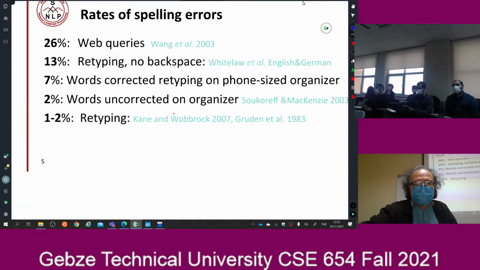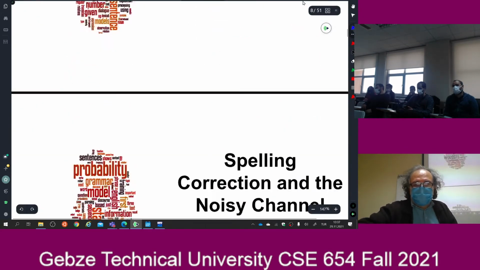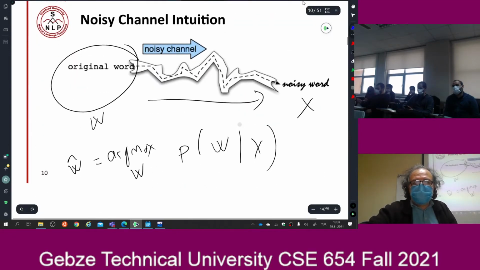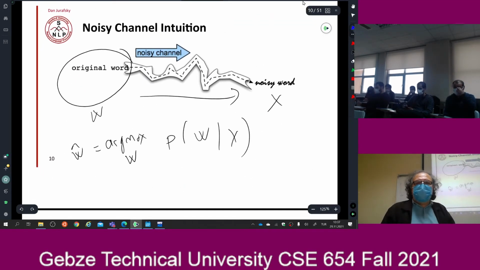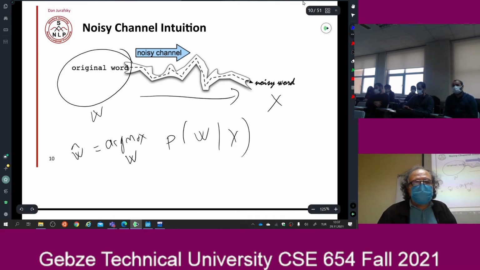And we looked at these statistics, and I'm going to skip those. This noisy channel model was invented in the 1950s, 60s. It says that whatever you transmit over a channel, whether it's a wireless channel or a cable channel or a medium, you put the original word in at one end and you get the noisy word out at the other end.